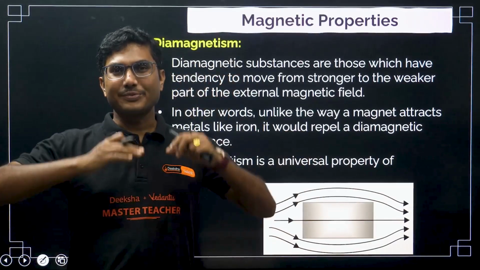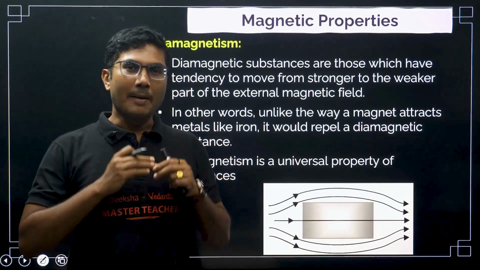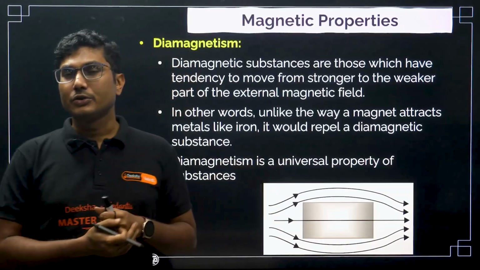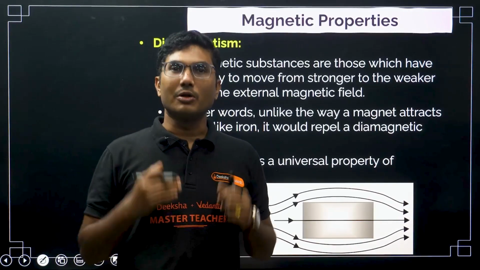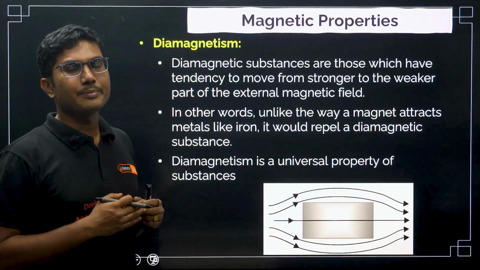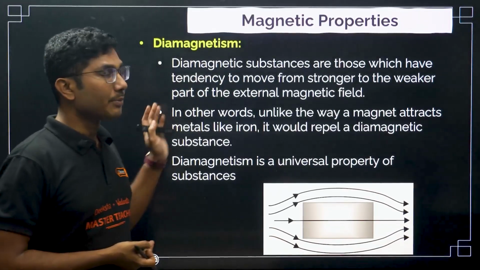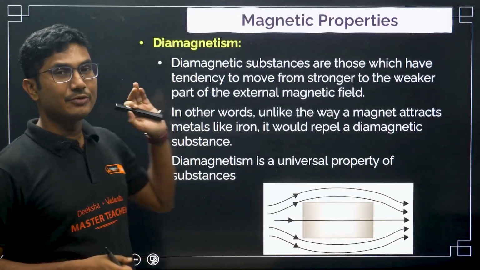So every substance has diamagnetism in common. Now some materials have other very strong properties, so that the diamagnetism is suppressed. Diamagnetism is always there, but some materials do not show it because they have another property which is stronger. So diamagnetism is a universal property.